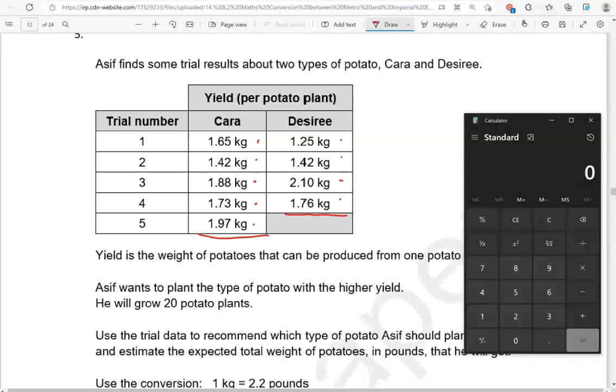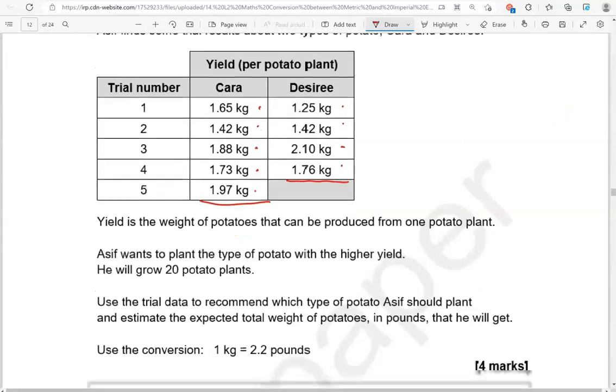So using the calculator, 1.65 plus 1.42 plus 1.88 plus 1.73 plus 1.97 equals 8.65 divided by 5 gives us 1.73.